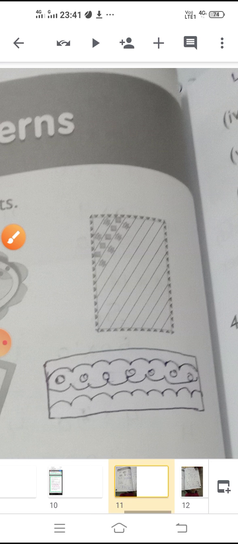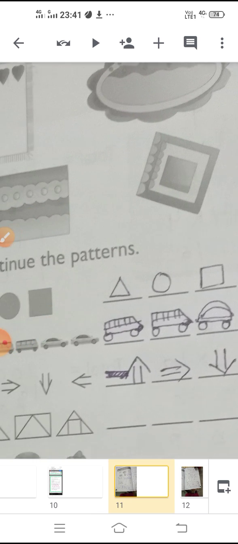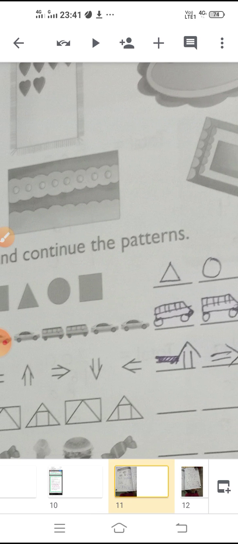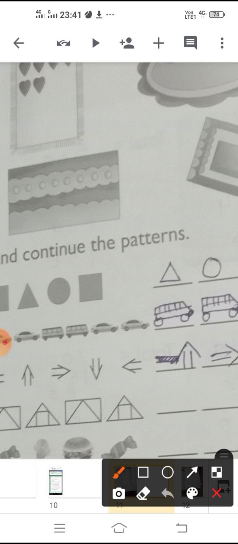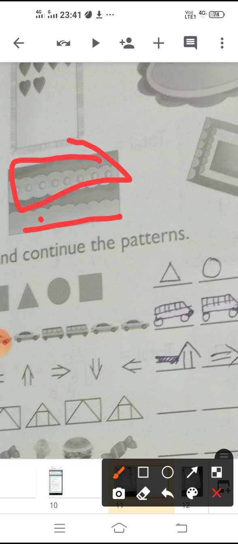Now come to the next pattern. Same you are going to repeat here. In this pattern, whatever pattern they have drawn, the same way you will draw here. Understood? That same pattern you have to continue in the mat.